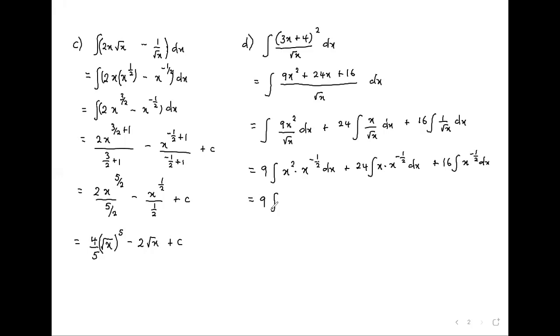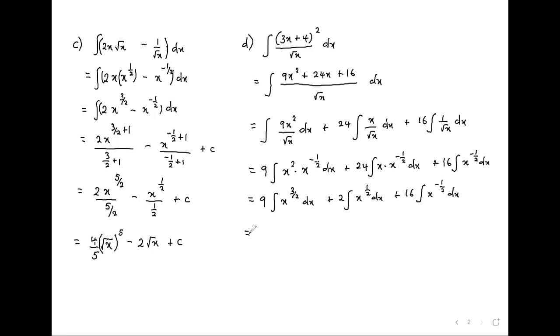You can still write this as x to the power 3 over 2 here dx, plus 24x to the power half dx, plus 16 x to the power negative 1 over 2 dx.